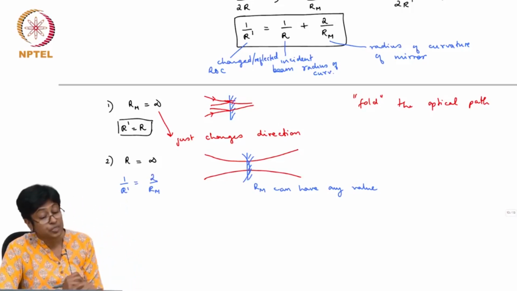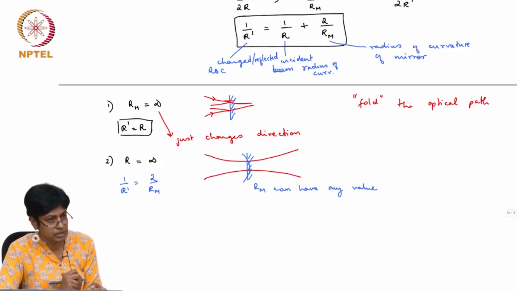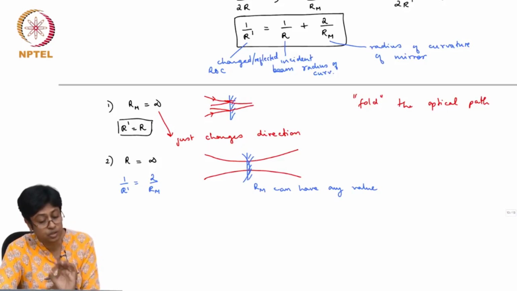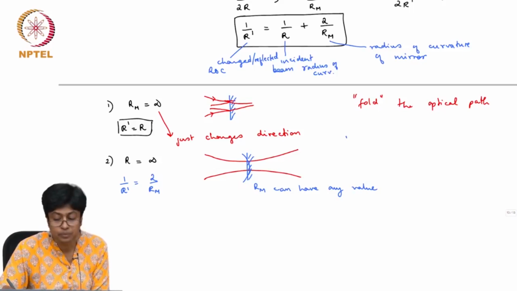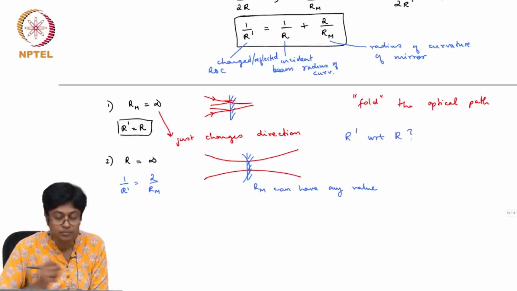In other words, the new radius of curvature, and in fact, let's look at the case where R dash, the radius of curvature of the mirror, has some value, it's not infinite. What will R dash be with respect to R?